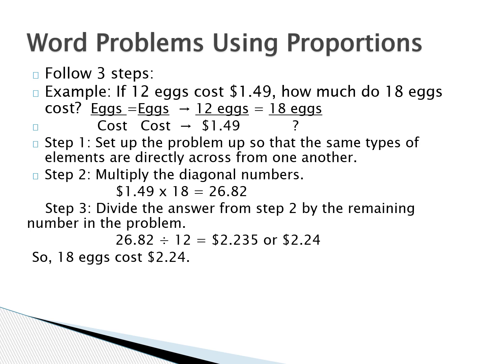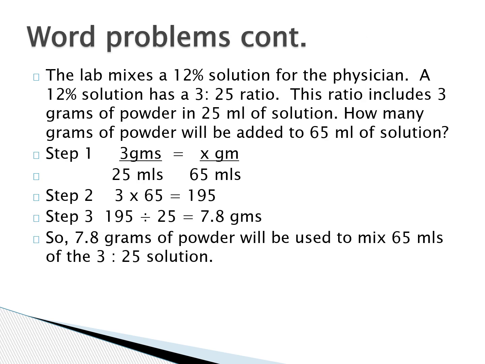Then you divide that by 12, and that gives you $2.23, rounding the 3 up to a 4 because it's 5 or above, and so you get the cost of 18 eggs being $2.24. I think that's pretty straightforward. The book does have examples, and we'll be talking about a couple more examples here too. Alright, so here is a different type of problem.